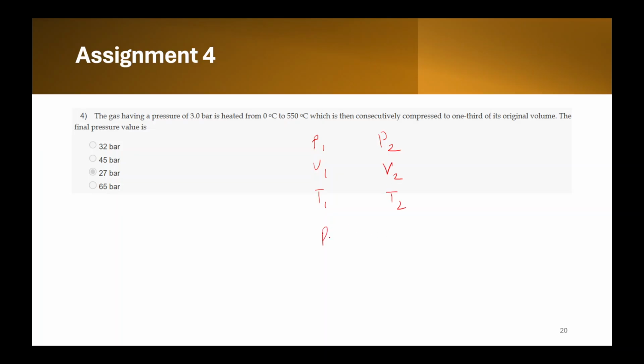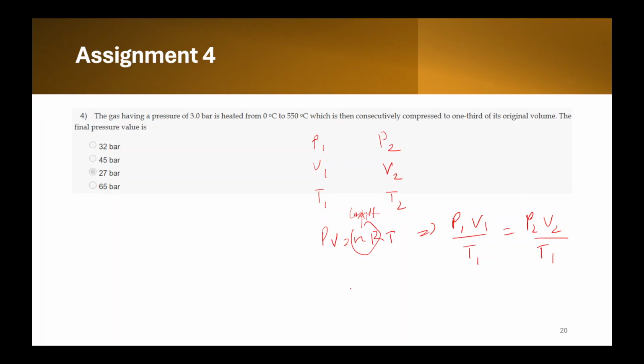So because PV is equal to nRT, if there is a constant amount of gas, n is constant, R is constant, and there is some variable temperature. So you can say P1 V1 upon T1 is equal to P2 V2 upon T2 because this nR is constant.